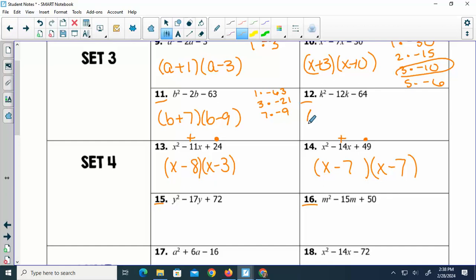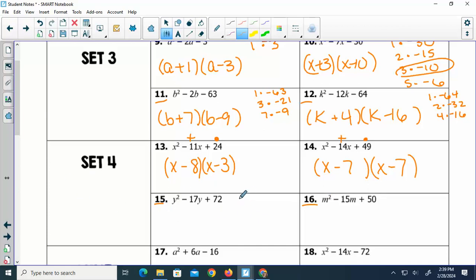This one, what multiplies to a negative 64 and adds to a negative 12? You can go through the list that helps you. So it would be positive 4, negative 16.